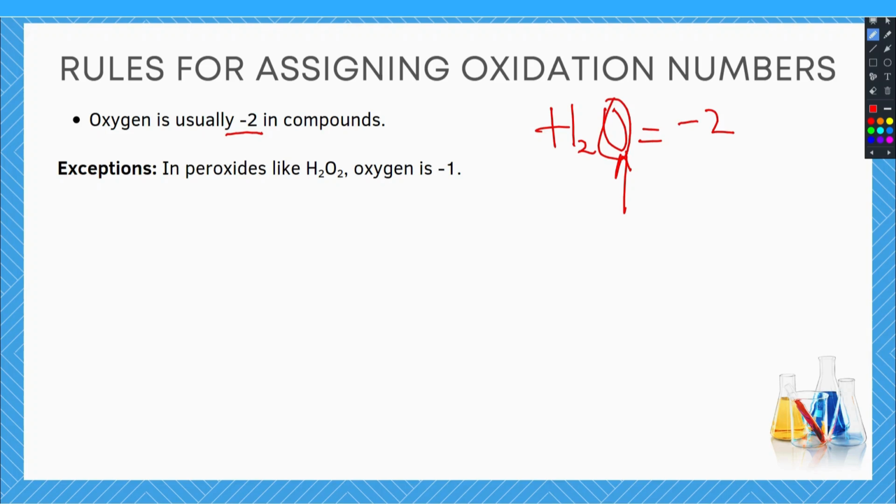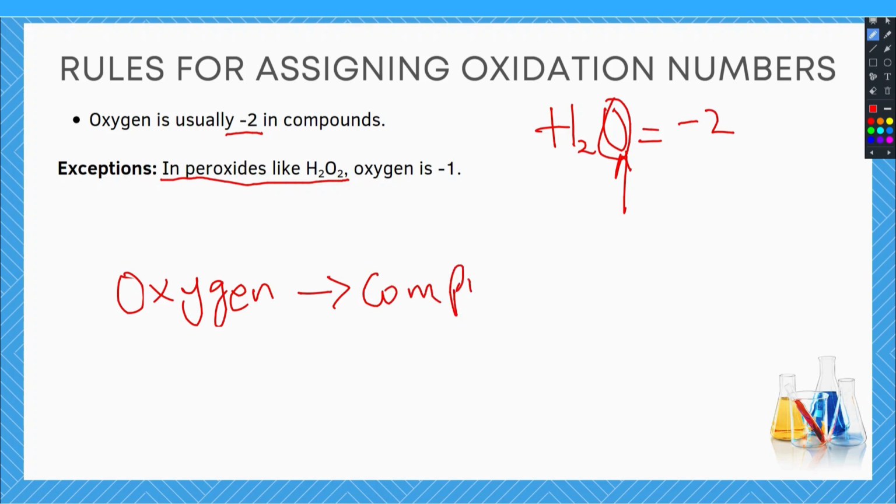But there are some exceptions, okay? In compounds like peroxides, we have hydrogen peroxide, oxygen is usually -1. But more often than not, when oxygen is in a compound, we simply give it the oxidation number of -2. I hope you are following thus far.